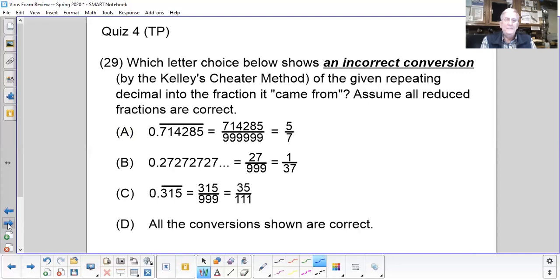Look at B. There are 2 digits repeating, 27, 27, 27. You put it over 2 9s. Notice I have it over 3 9s, which is incorrect. Look at C. I have the 315 over 3 9s, so it's okay. So the incorrect conversion would be choice B.